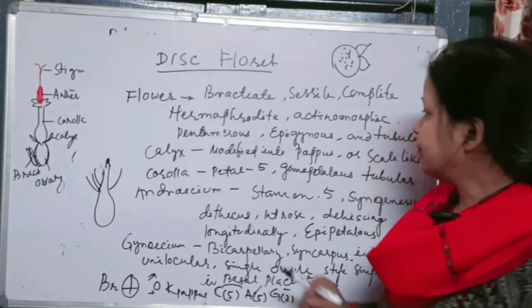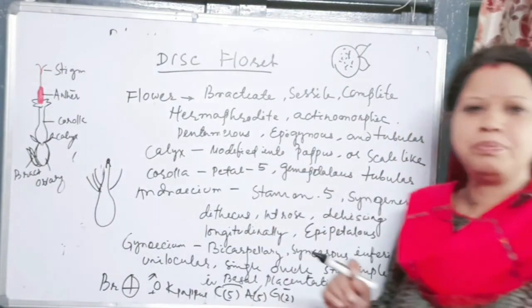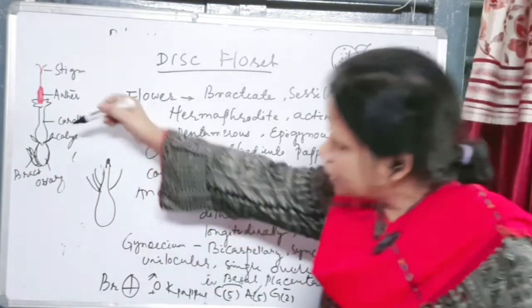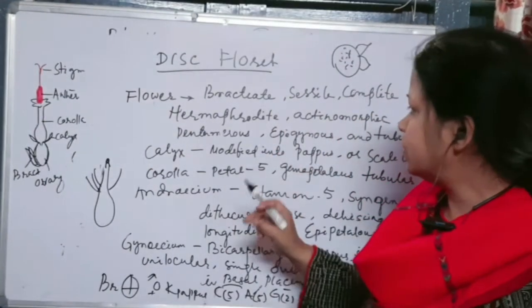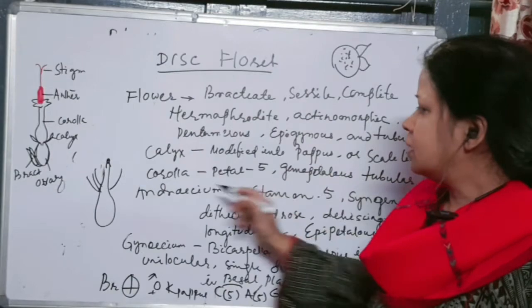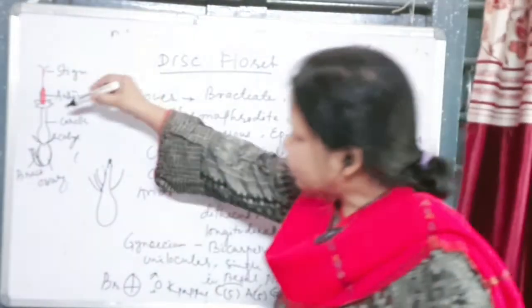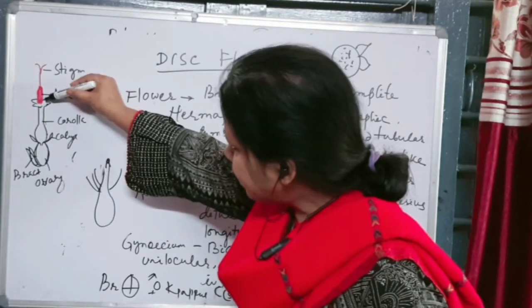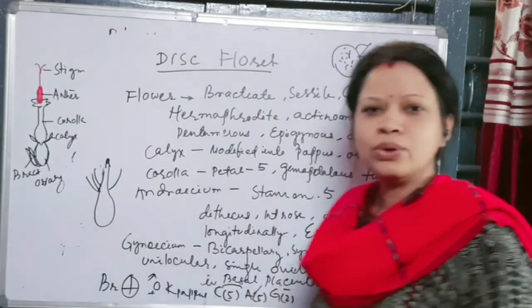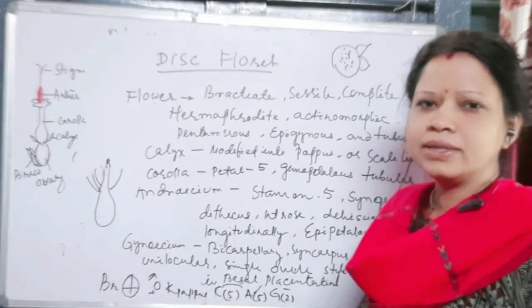Calyx. Calyx is modified into pappus. It is a scale-like structure, modified into a scaly membranous structure that is called pappus. Then corolla. This is the corolla tube, and these are the 5 lobes of the corolla tube. It is a gamopetalous flower.